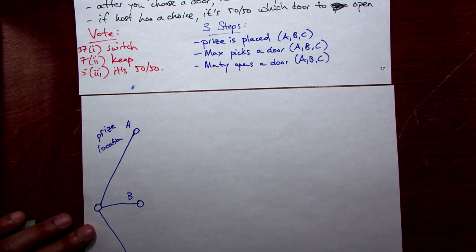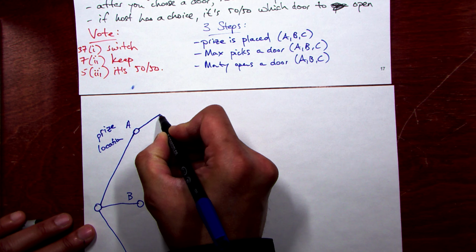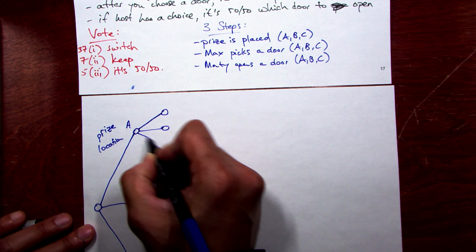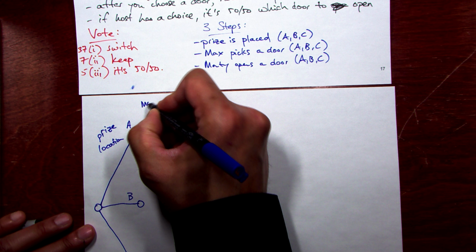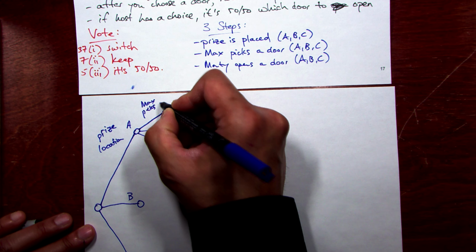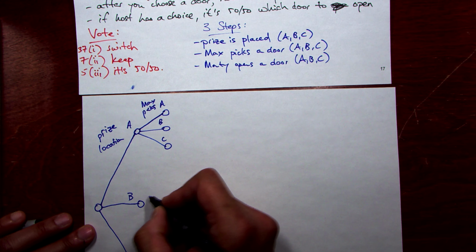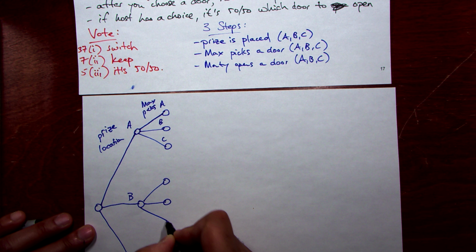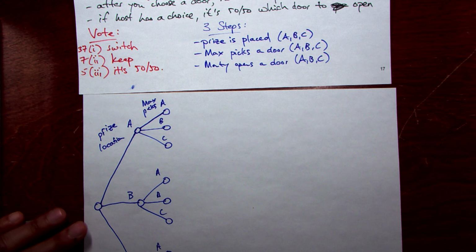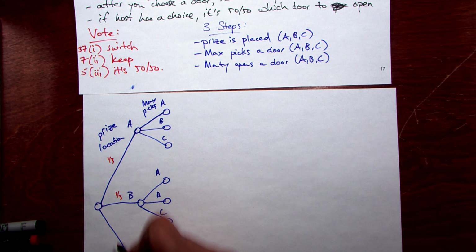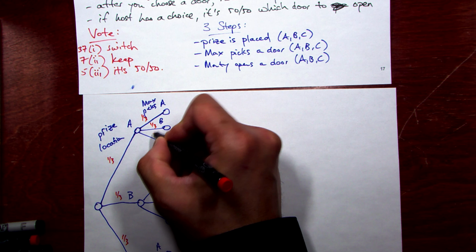And in the case it's behind A, again, there are 3 possible choices. So this is what Max picks. So this is A, B, and C. And each one of these will generate a B and C, and similarly down here. And of course, the probabilities of each of these is a third, because they're all equally likely.